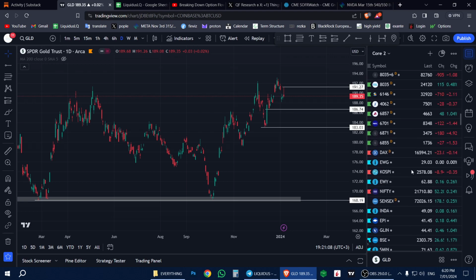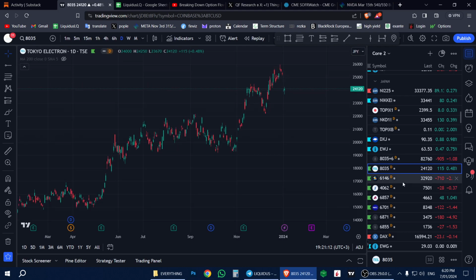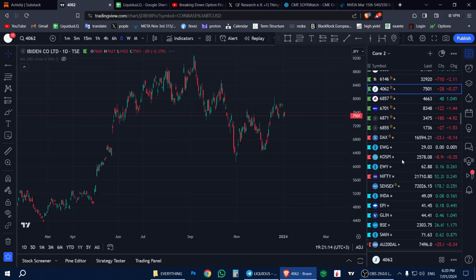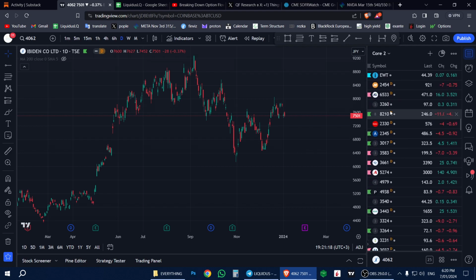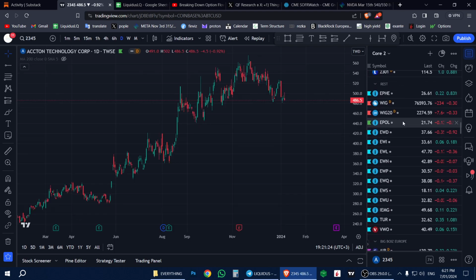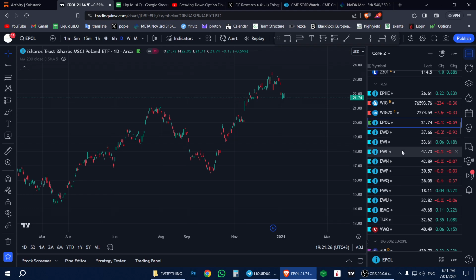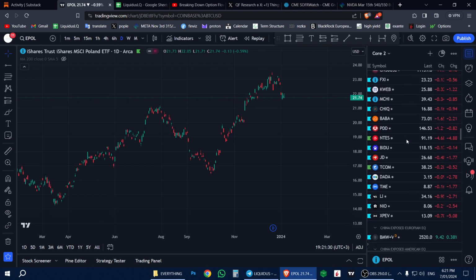I'm thinking of putting on Japanese AI beneficiaries as well, but until we get a move lower in SPX, I'm going to put this off. Same thing with Taiwanese plays, I'm going to put this off as well. Poland is interesting, another interesting name, but there are better places to do. We still have a lot of things to do.